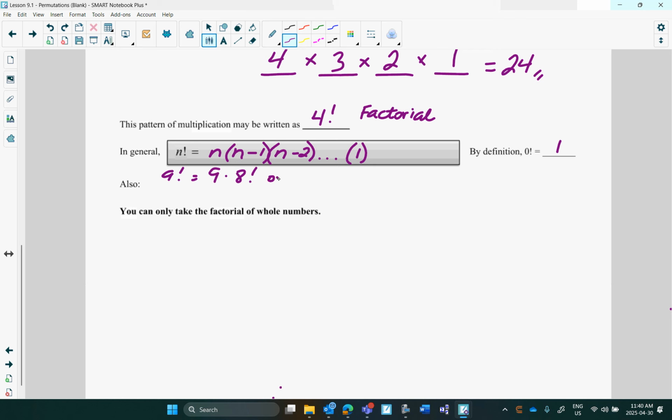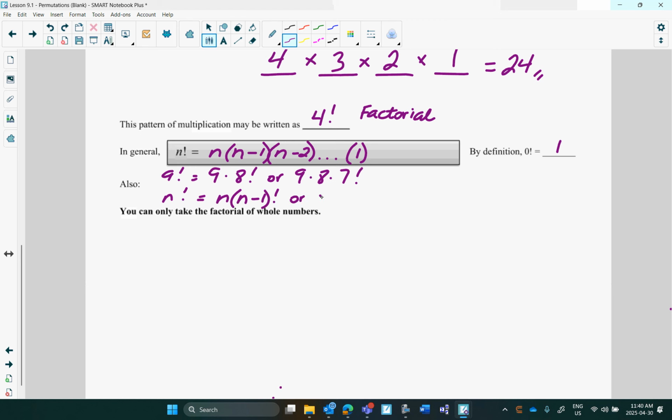Or I could do this. I could just keep counting down, and whenever I decide to stop, put a factorial there. That just means you keep going. So I could do 9 times 8 times 7 times 6 factorial. I'll show you why we use that in a second. If I use a variable, n factorial can be the same as n times n minus 1, and to keep going, I just put a factorial.